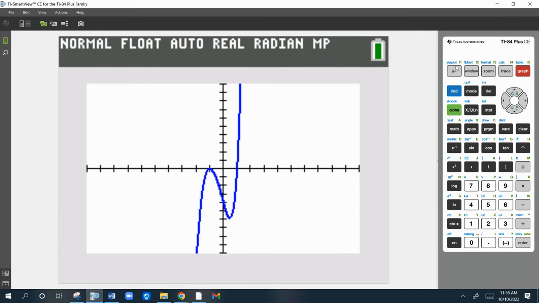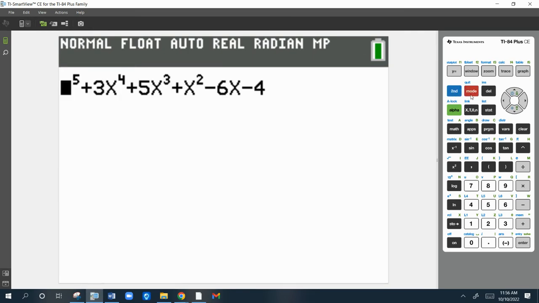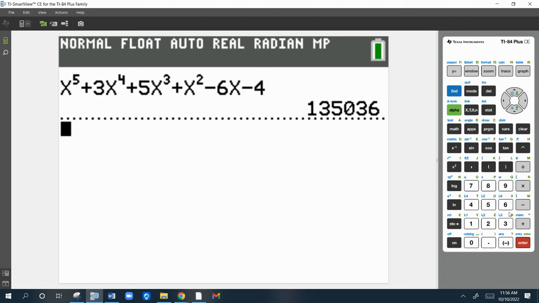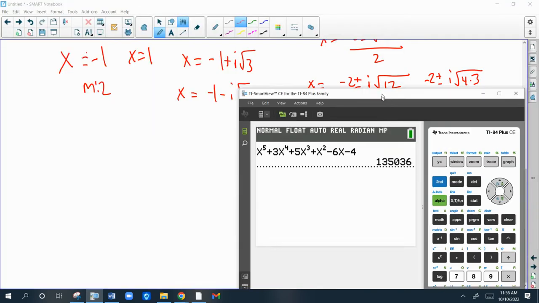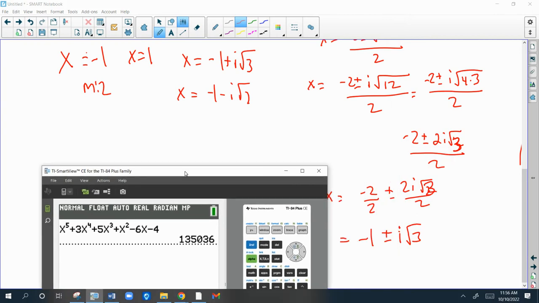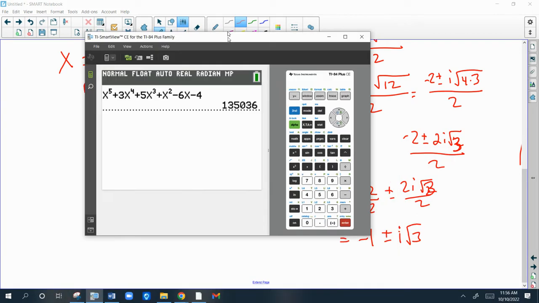One of the ways I've found to be kind of easy is to type the function in on the calculator screen, and if you just do that, it's not going to do much for you. I'm going to hit enter, but let's plug in one of these complex numbers for x.